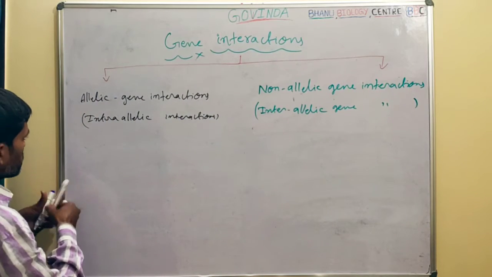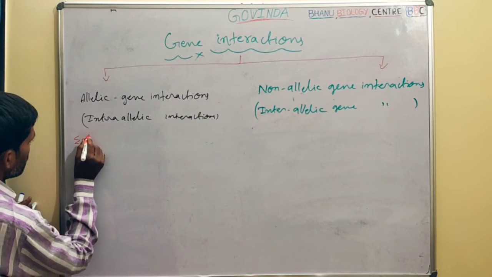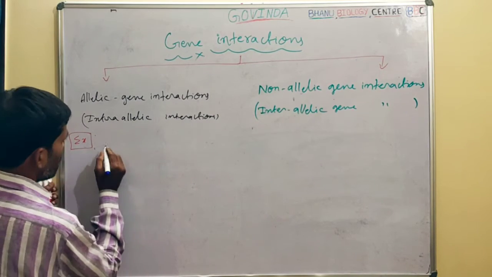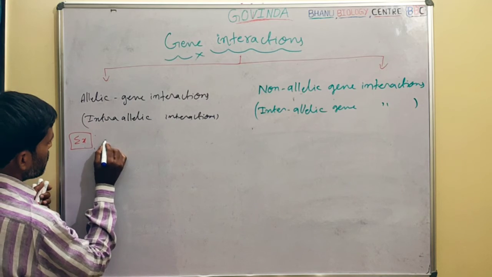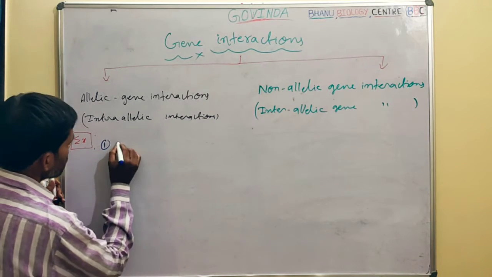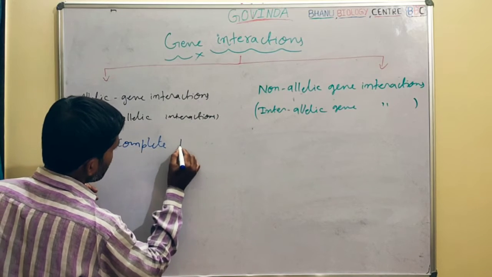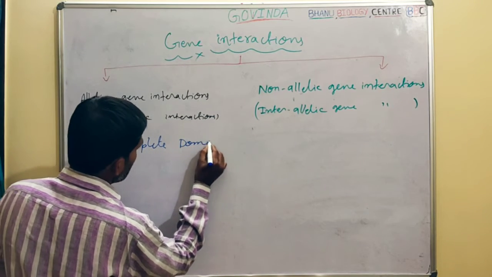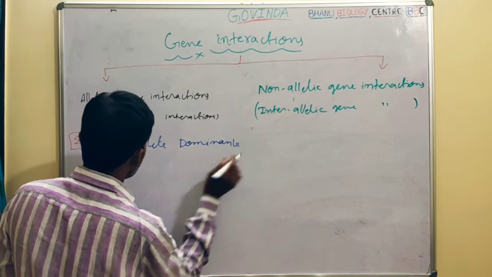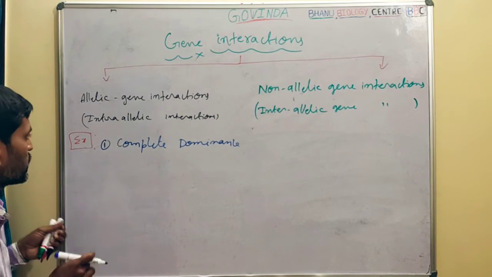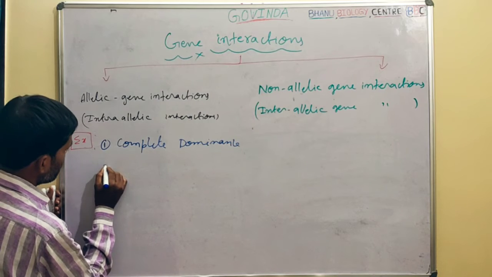Examples. The first one, complete dominance. We saw this in the monohybrid and dihybrid crosses of Mendel's experiments.